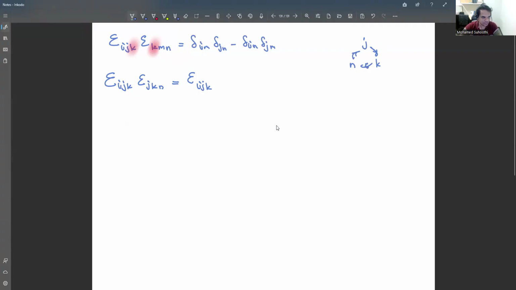If I write K first, it is KNJ, because both will have the same value. Now I can use this one because the first digit and last digit are the same.